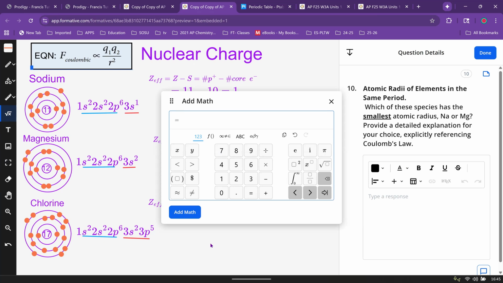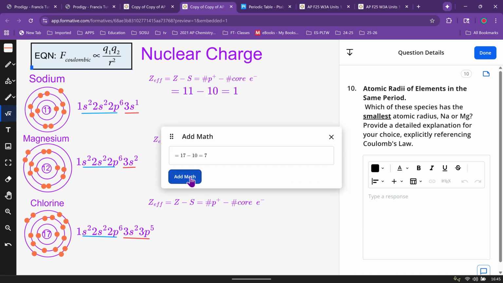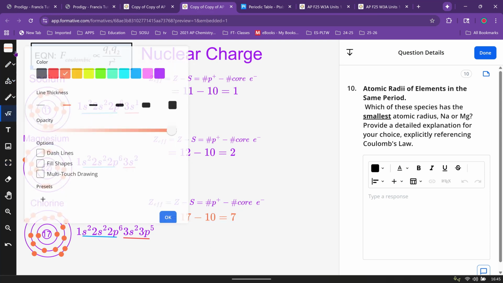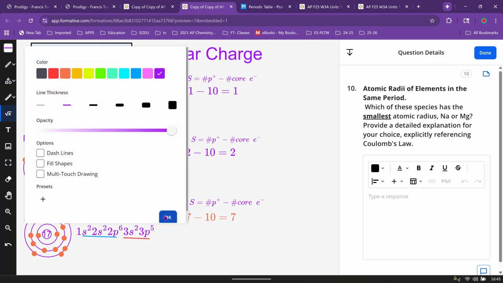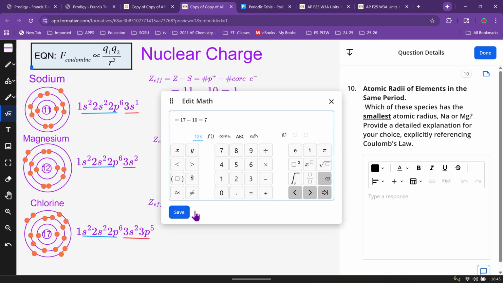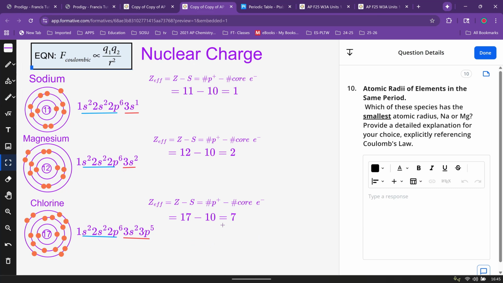It's going to be the same number, 10, but we have 17 protons minus 10, and what we end up with is an effective nuclear charge of 7. And I don't know why that's orange, but there it is. So that's why we can say the effective nuclear charge increases as we go left to right across a period.